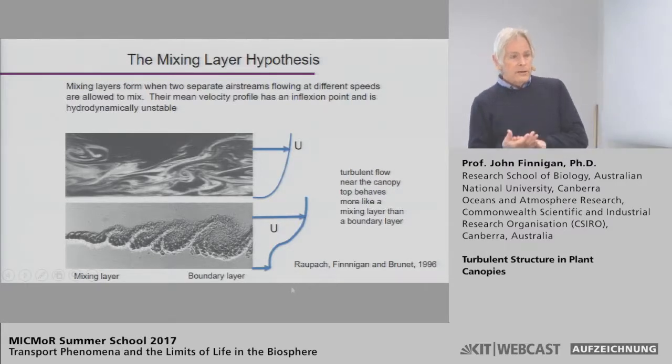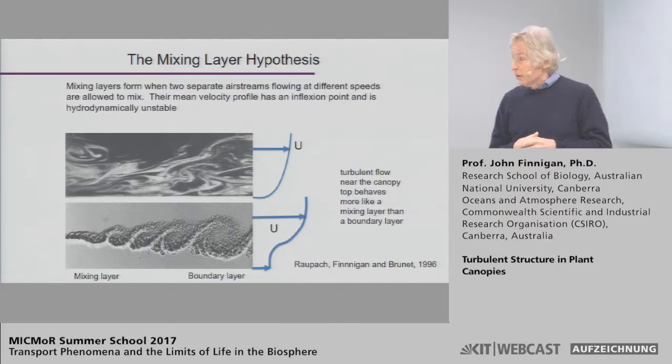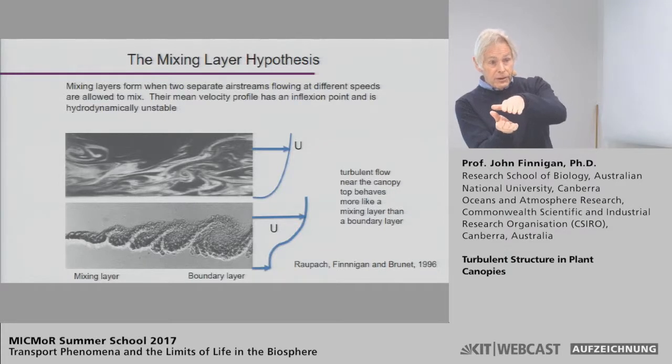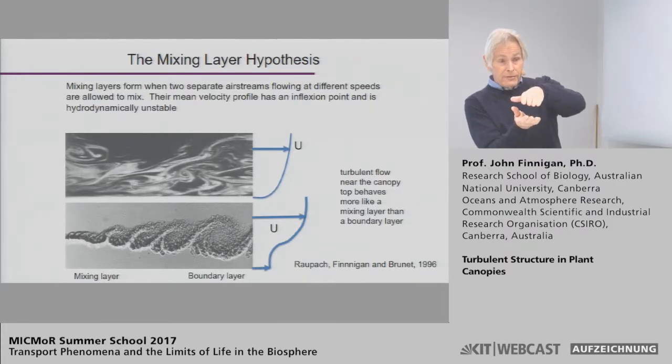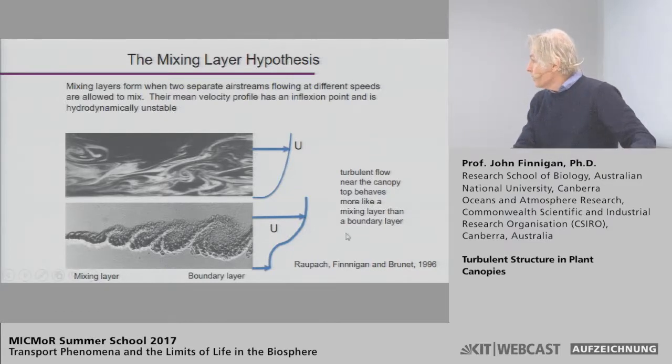and realized that mixing layers, which are studied often in engineering fluid mechanics, occur when you have two streams of fluid of different speeds on either side of a plate, and then when the plate ends and they start to mix, you automatically get this inflection point. And in the mixing layer, you get very coherent eddies, where it's often done by marking the air on one side differently to the other.